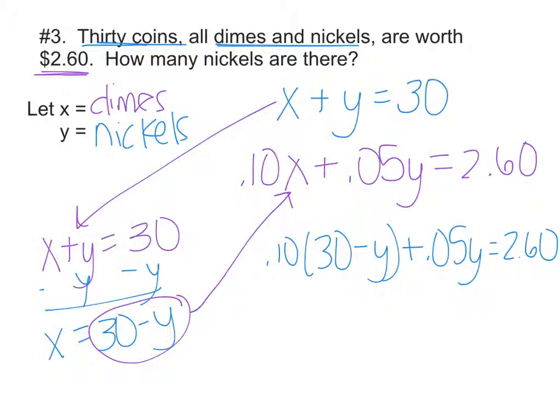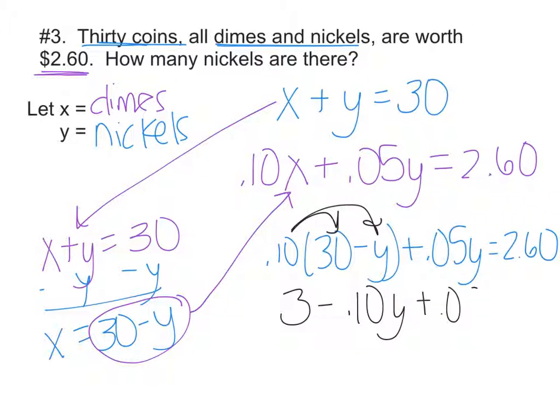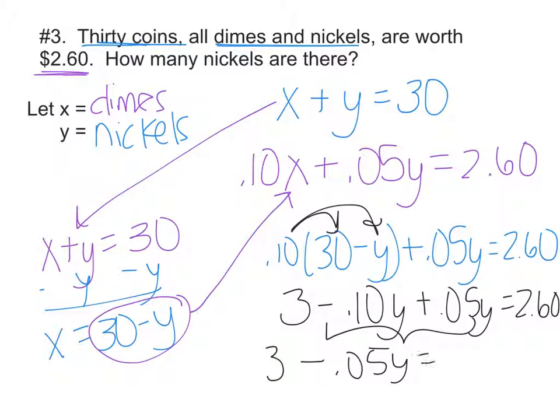We're going to distribute the 0.10 inside the parentheses to get 3 minus 0.10y plus 0.05y equals $2.60. We can combine our like terms to get 3 minus 0.05y equals $2.60.